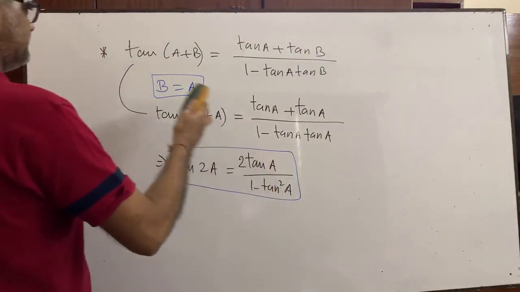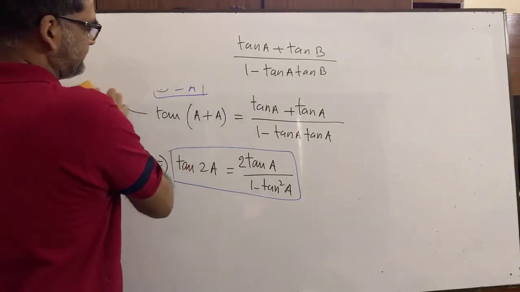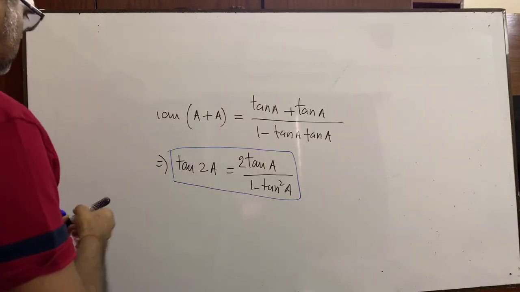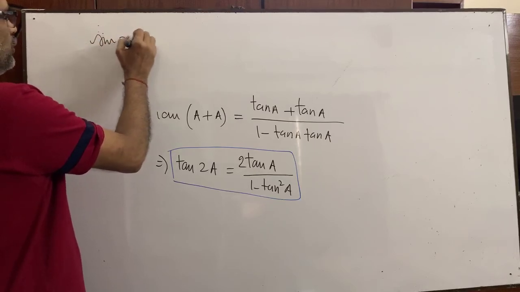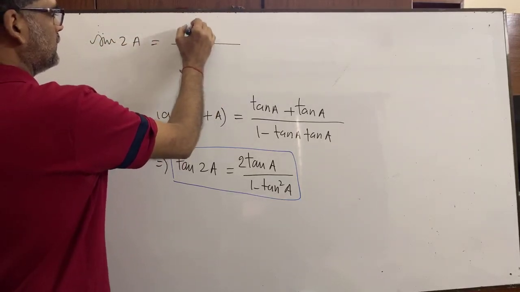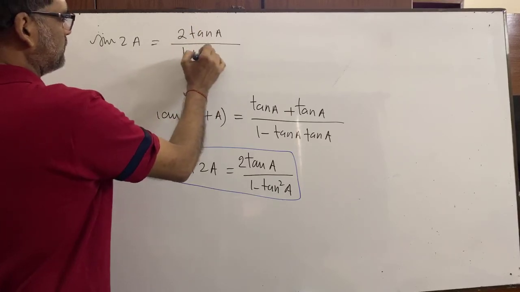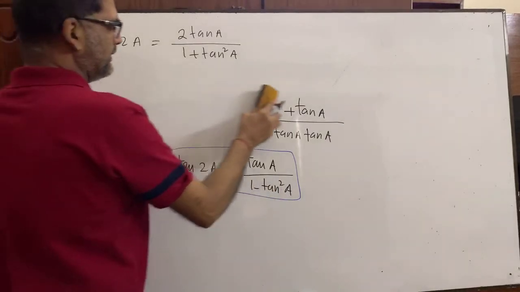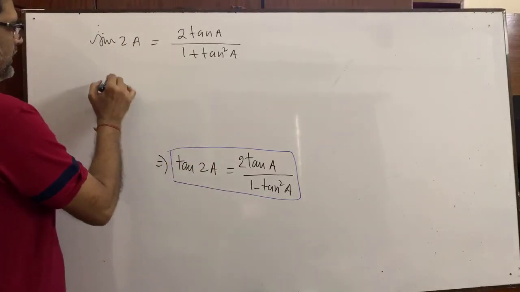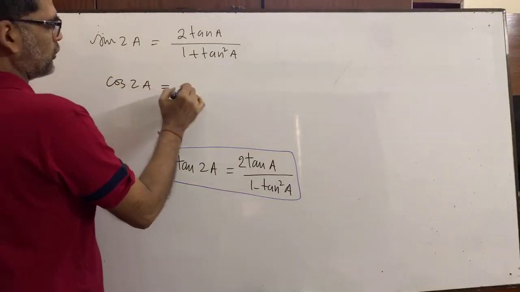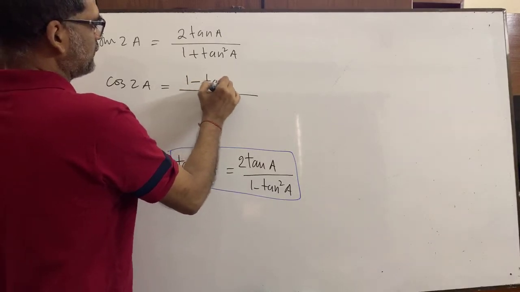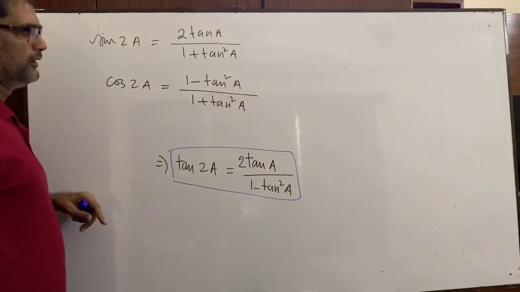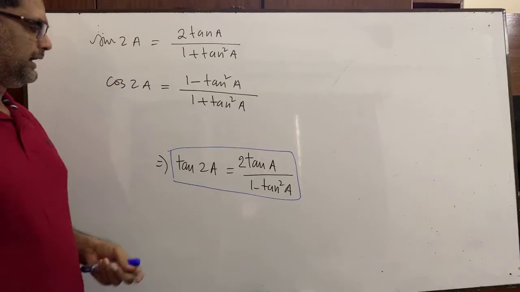Actually, what we got: sin 2A in terms of tan was 2 tan A by 1 plus tan square A. Okay, and for cosine 2A we also got 1 minus tan square A by 1 plus tan square A. And this is tan 2A.